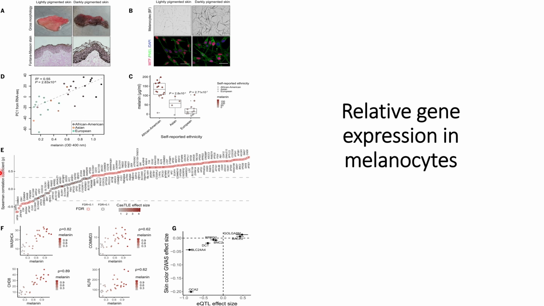Then they did the Spearman correlation coefficient to find the significantly upregulated and downregulated genes that are involved in melanocytes. And when they checked these results with the literature, they found that some of the genes are reported in the literature as involved in melanocyte upregulation and downregulation.